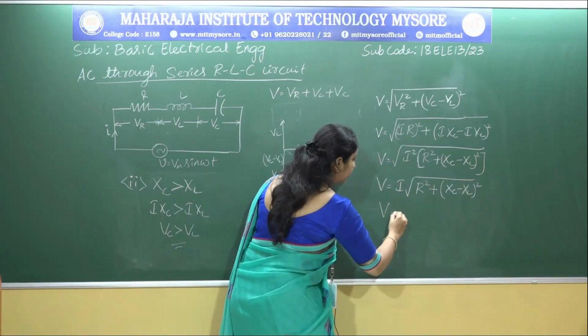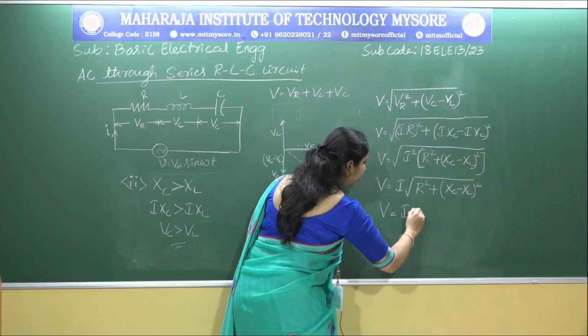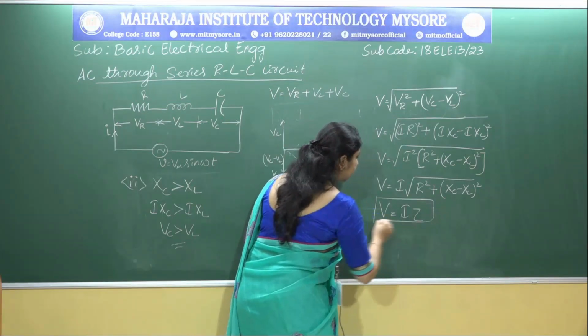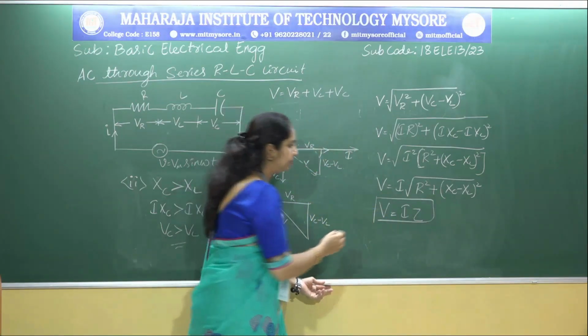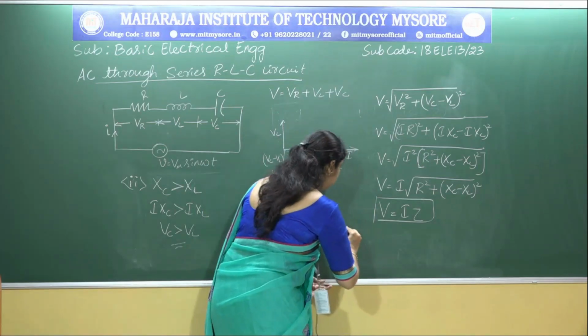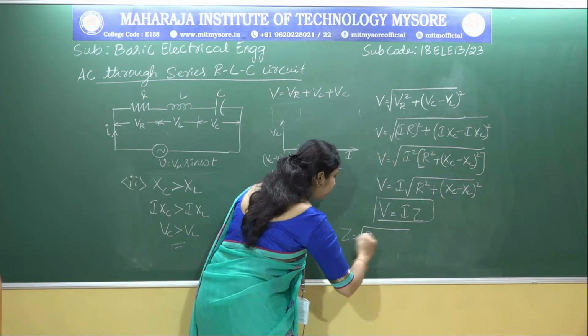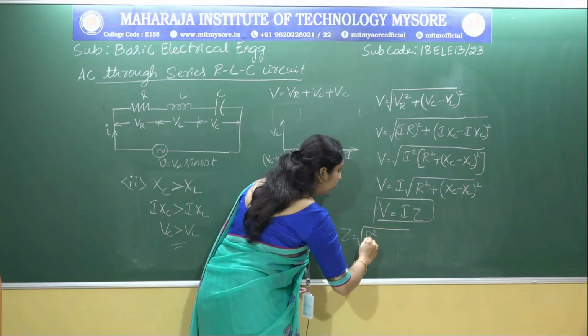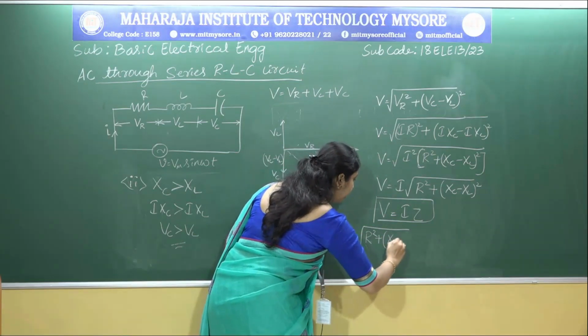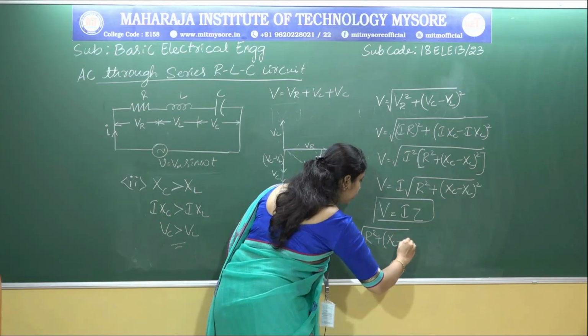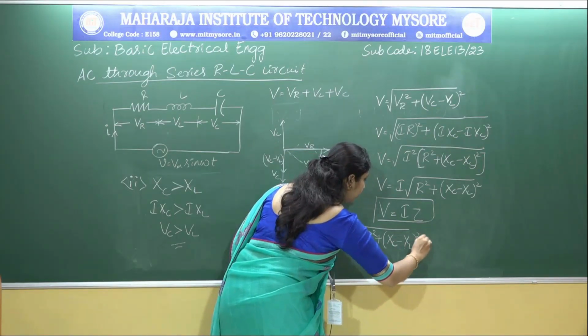And finally we can have this equation as V is equal to I into Z, where Z is the impedance. And so Z is nothing but what? The magnitude of Z is equal to the square root of R square plus (XC minus XL) whole square.